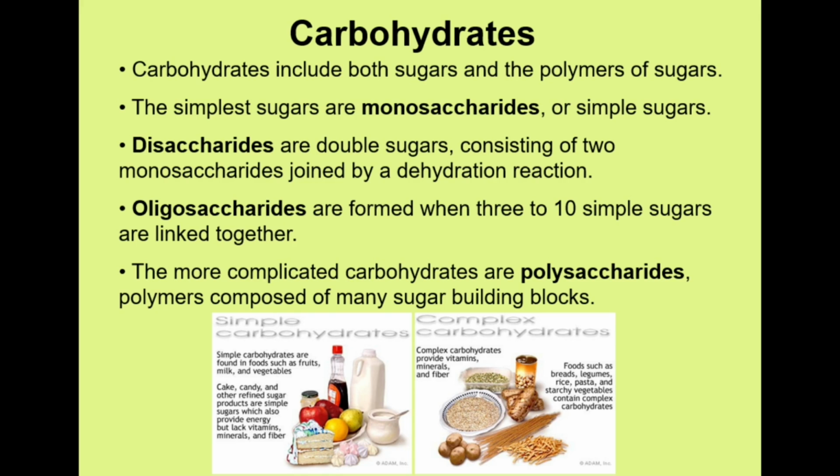And the other important component of this is they tend to release their energy much more slowly than the simple carbohydrates. So the way I tend to look at this is, if you think of your metabolism as a furnace, as a fire, and you need to keep putting fuel on that fire to keep producing energy. Well, the simple carbohydrates like glucose and sucrose are very easy for the body to process.